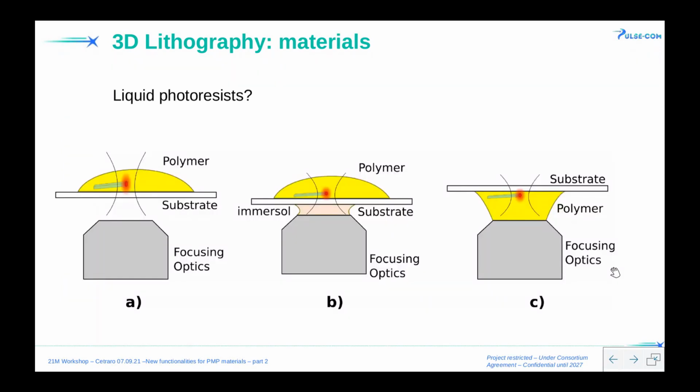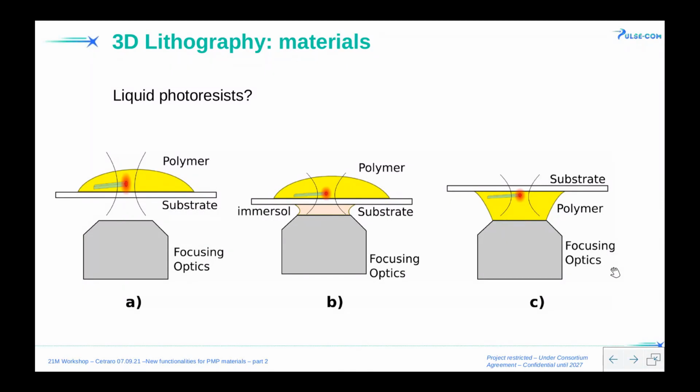Now, this is a schematic representation of exactly what's happening. We have a glass substrate in this case. We can also use an opaque substrate, but we have to put the drop on the other side. So we put the photoresist drop on the substrate.